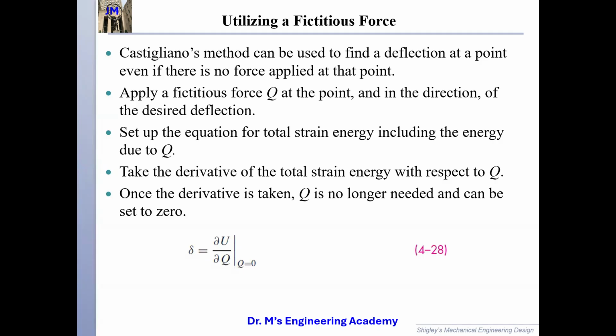So make sure this fictitious force Q must be in the same direction of the deflection you are interested in. Bobby: If there's no force at that point, why would it still have any deflection? Wouldn't it just have no deflection if there's no force on that?